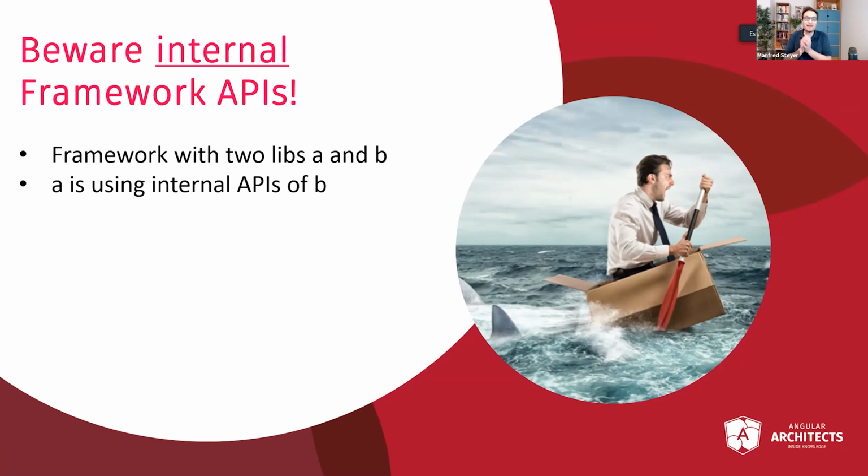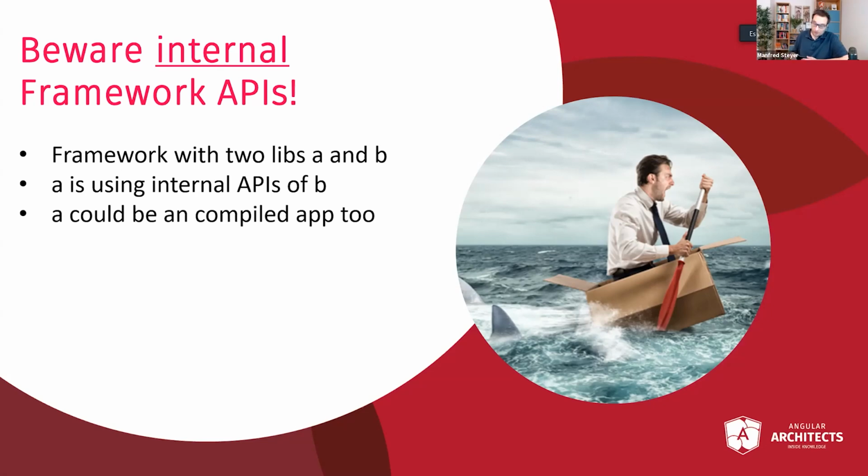And so it might be an issue if we get another version of B at runtime, even though it's just another minor version. As there are no guarantees for internal APIs, this might be an issue. So please keep this in mind.